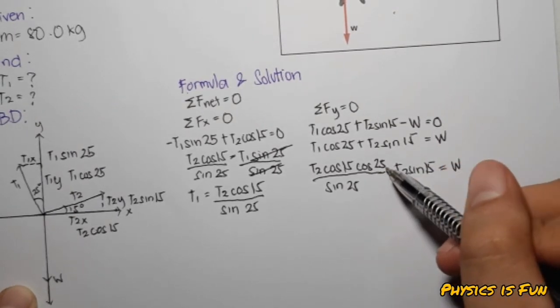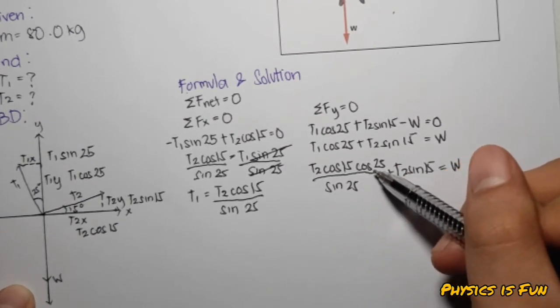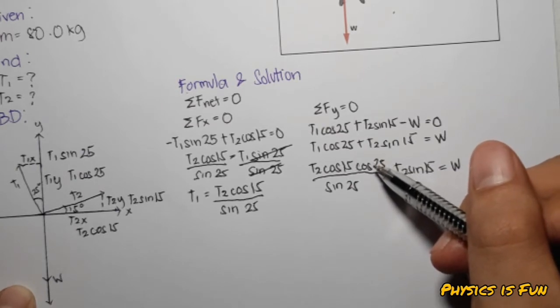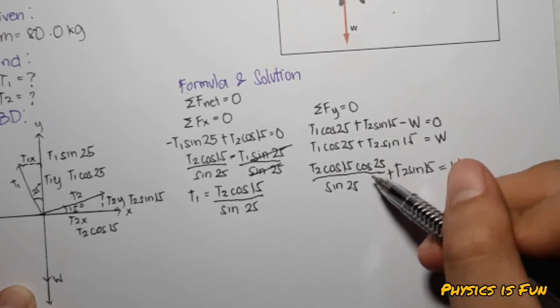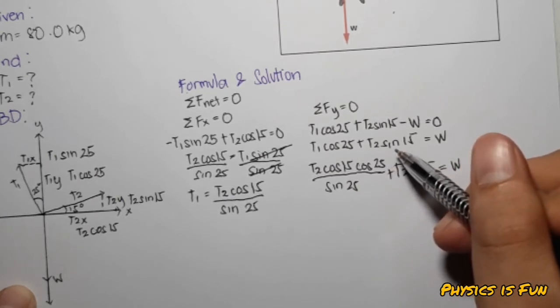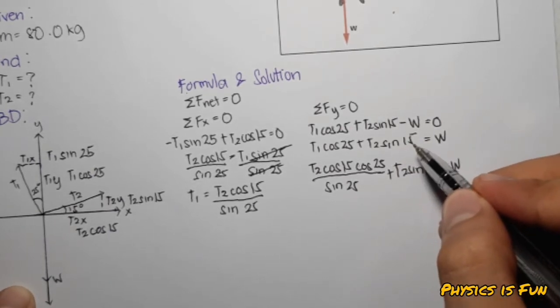Since we have cosine 25 here and sine 25, in trigonometry, it can be simplified as 1 over tangent theta, since they have both 25 degrees angle involved. So we can simplify it. But if they have different angles, we cannot.